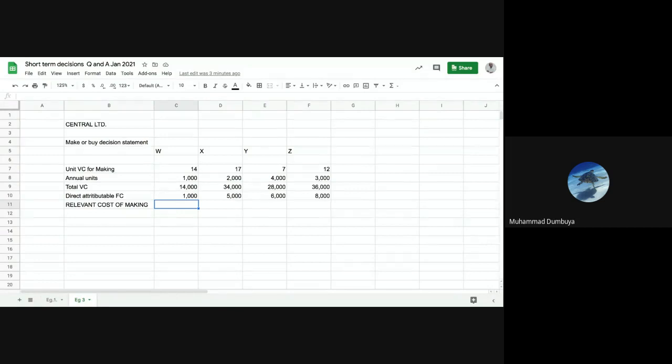Now we start adding from the unit of BC for making, that is from row 14. Okay, so tell us the formula. Which formula should we use? It's going to be, hold on, C in the number.